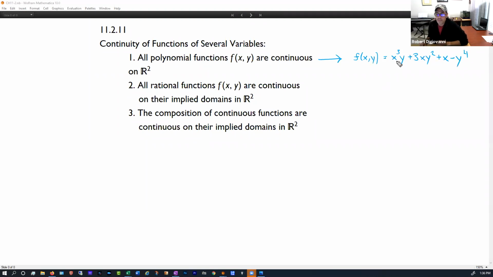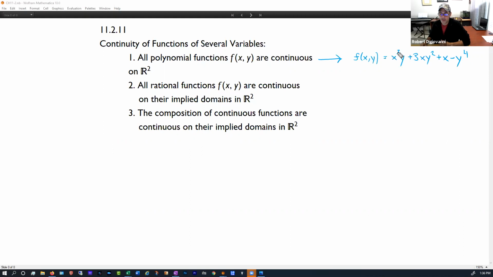That's considered to be a polynomial function of two variables, because all the terms in this expression have powers of x and y, and those powers are non-negative integers. So the powers are either 0, 1, 2, 3, 4, 5, 6, right? You never have negative powers, you never have square roots or anything like that.